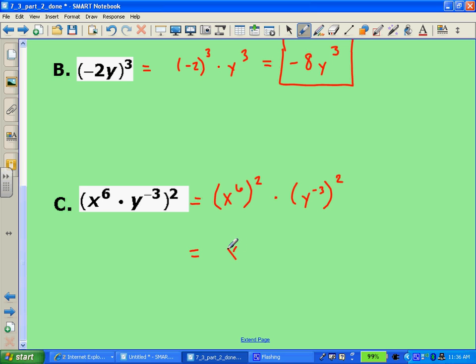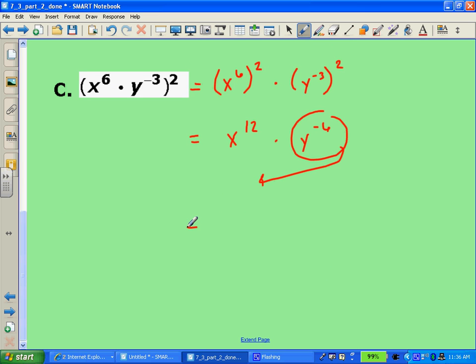Y to the negative third to the second. Well then, power to a power tells me that this is x to the 12th and that this is y to the negative 6th. Well now, I have a negative exponent here, so that's going to have to go on the bottom. So I'd end up with x to the 12th over y to the 6th. And that would be my answer.